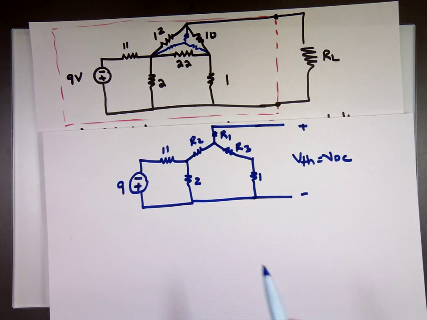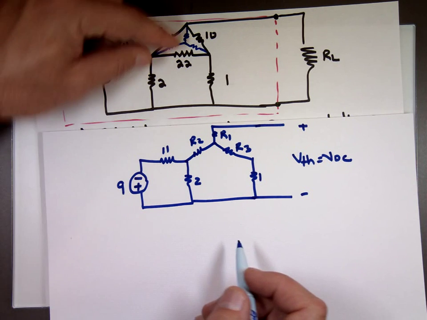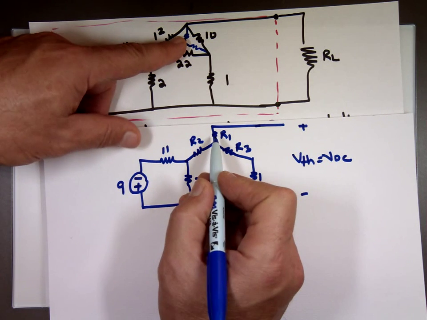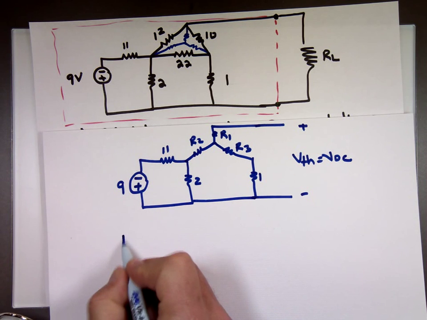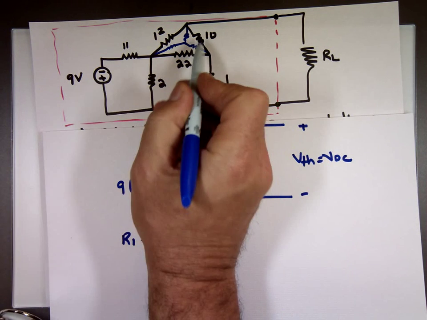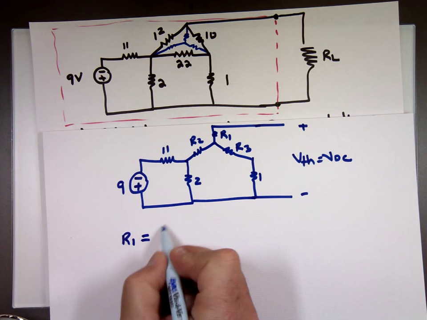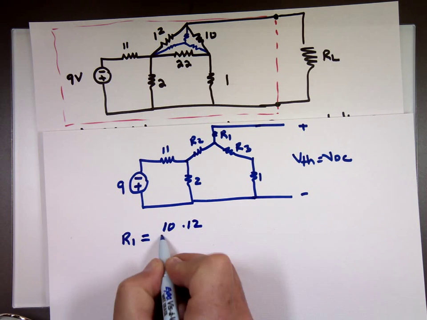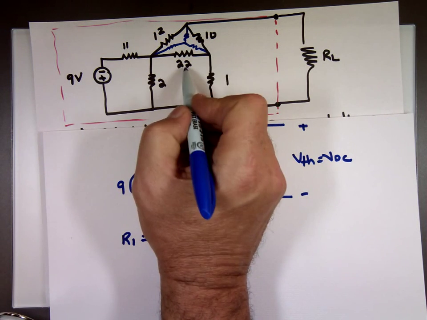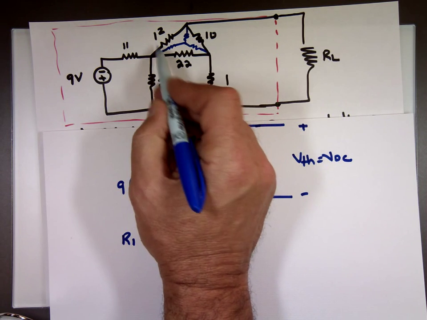So here, R1 is the top one. I'm looking at both pictures. For R1, you multiply the 2 resistors around it, 10 and 12, divided by the sum of them, 10, 12, and 22. That's 44.